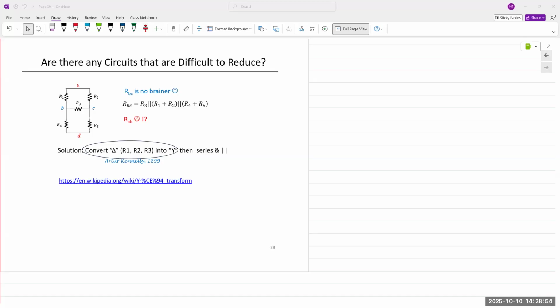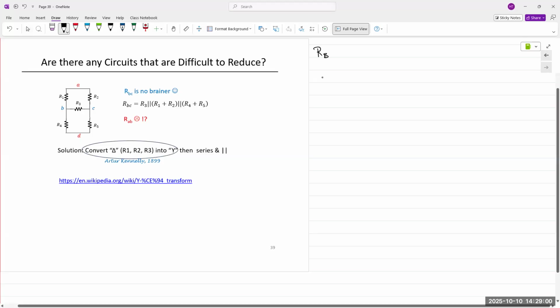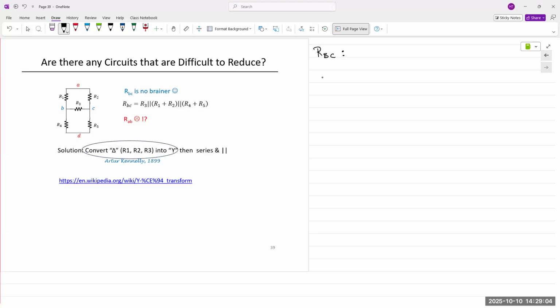So let's take the easiest one, RBC. If we have RBC, which resistor is connected between BC? It's R3, right? R3. So R3 is connected between B and C.